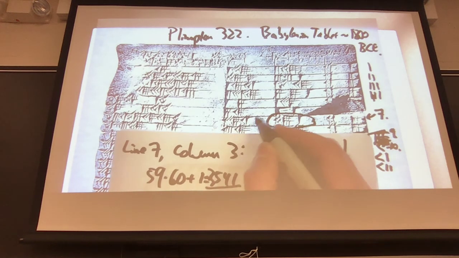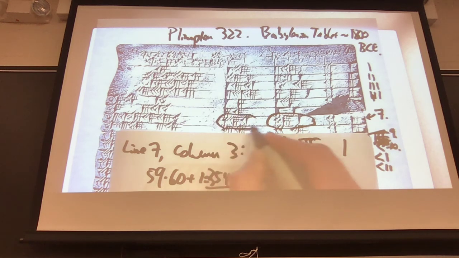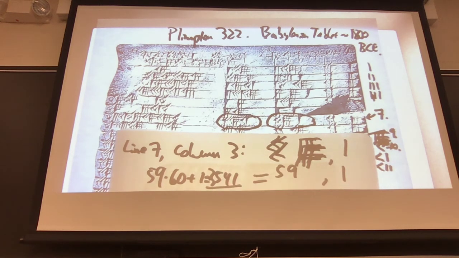Column 2, what's this number? Line 7, column 2. What do we see here? I see 3 tens, 1, 2, 3, and 8 instead of 9.